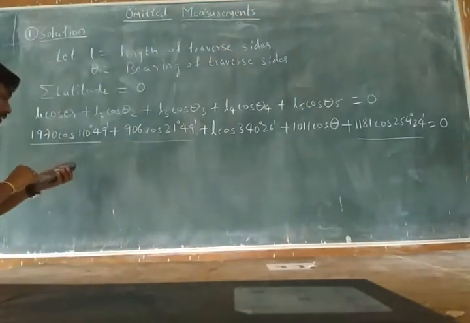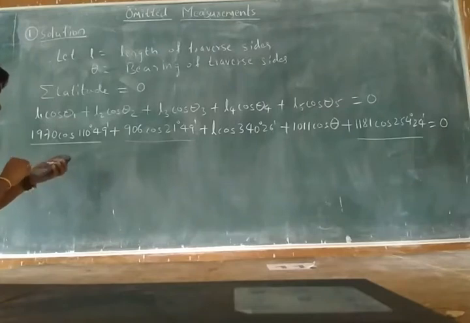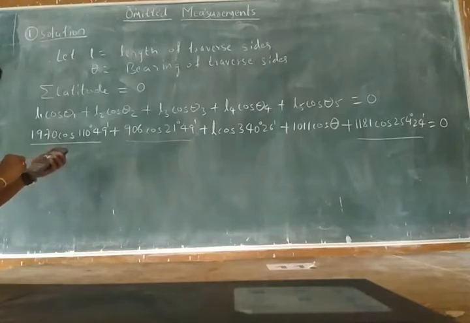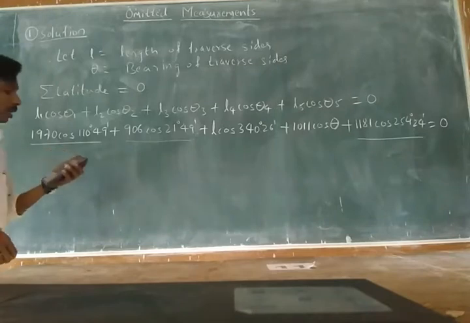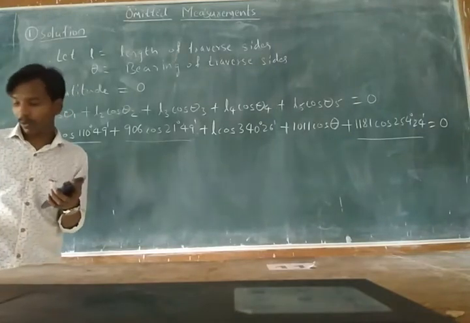1970 cos 110 degrees 49 minutes plus 906 cos 21 degrees 49 minutes plus 1181 cos 254 degrees 24 minutes. So we are getting the value minus 176.58.